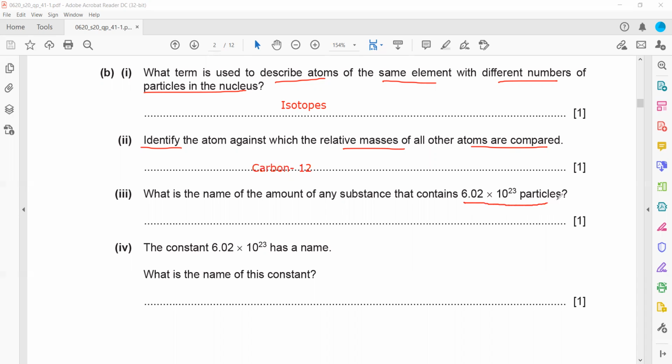And what is the name given to 6 times 10 to the power 23? It is named after Avogadro, so it is known as Avogadro's constant. This number is named after a chemist.